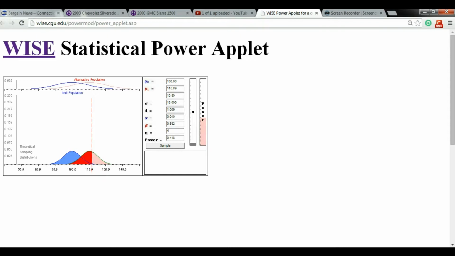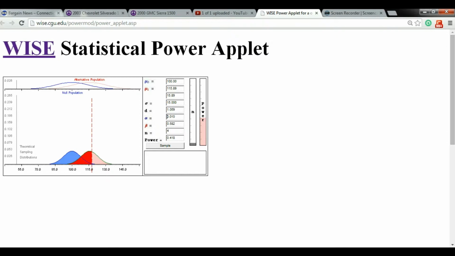If I set my alpha level at 0.05 and I do my hypothesis test and get a p-value of 0.03, then I would reject the null. That's good here because the null happens to be false. The alternative is true. However, if I set my significance level at 0.01 and I get a p-value of 0.03, I don't reject the null, unless my p-value is less than my significance level.